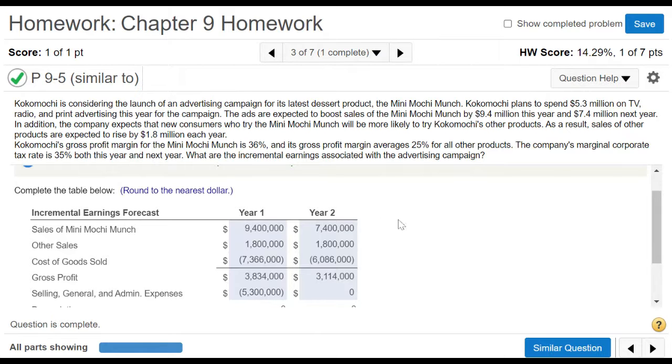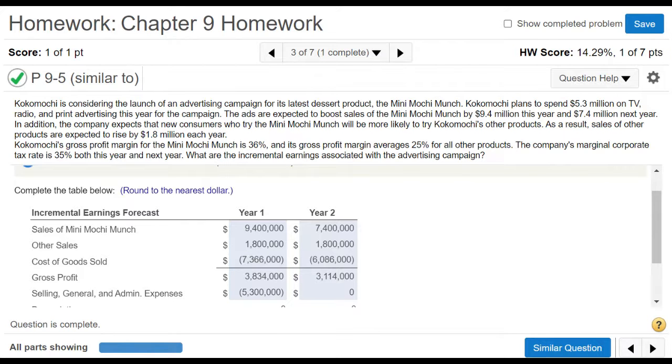This is what I was telling everybody. This is where everybody gets stuck, this part right here. So let's do this one more time. So this 9.40, you're going to say times 1 minus 0.36. Same thing you're going to do here. And this one, you're going to say 1.8 times 1 minus 0.25. You want to know not how much is off, but how much you've made.